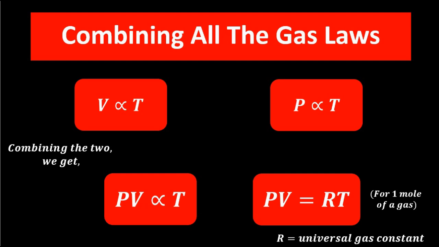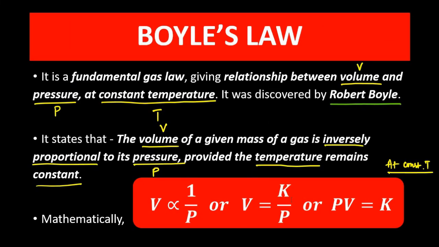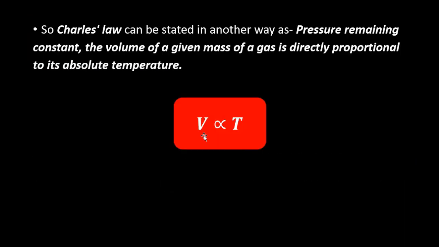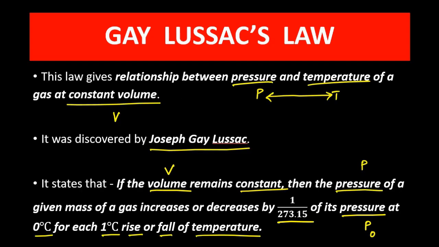So you understand this. We have established that PV is a constant, Boyle's law, at constant temperature. Then we have Charles' law, which states that volume is directly proportional to temperature. Then we have Gay-Lussac's law, which states that pressure is directly proportional to temperature.